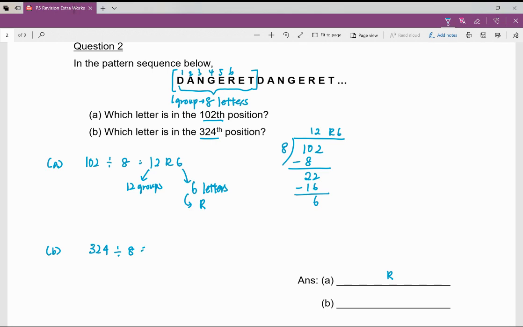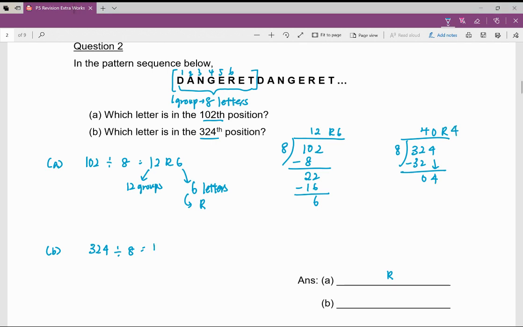And that will translate to, let me see, 324 divided by 8. I should have, okay, so this is a 40 remainder 4.